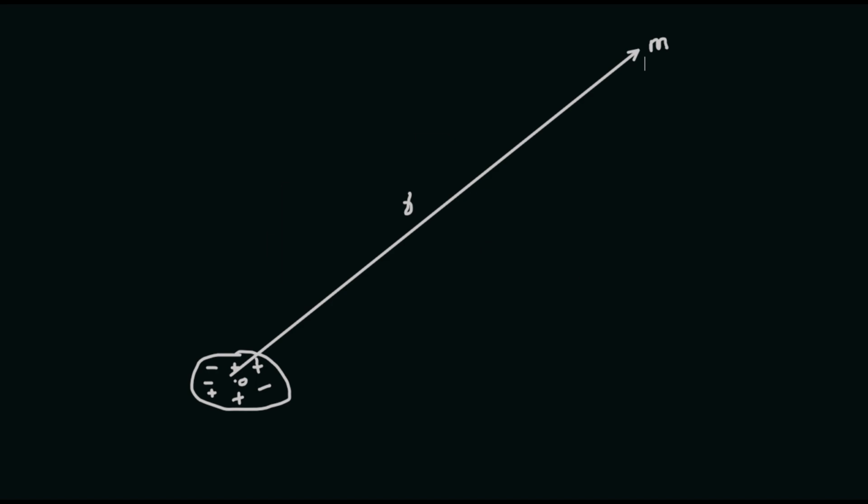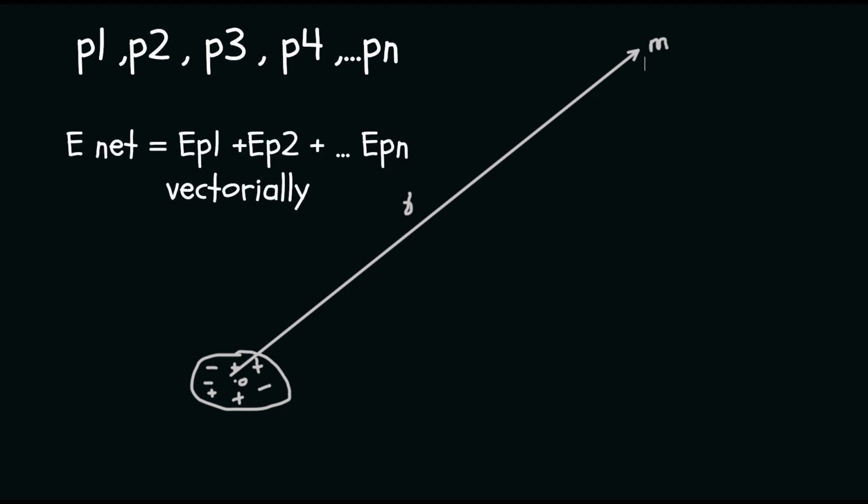Let's suppose this system contains dipoles with dipole moments p1, p2, p3, dot dot dot pn, and each contributes an electric field at the point P. So we can add the electric fields of each dipole: E due to p1 plus E due to p2 plus E due to p3 dot dot dot E due to pn.